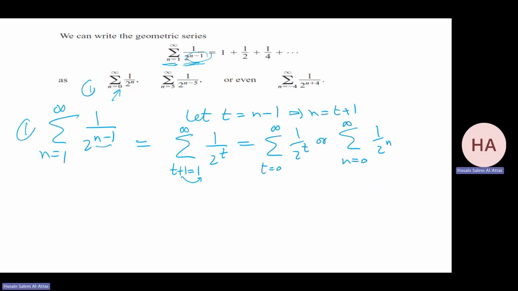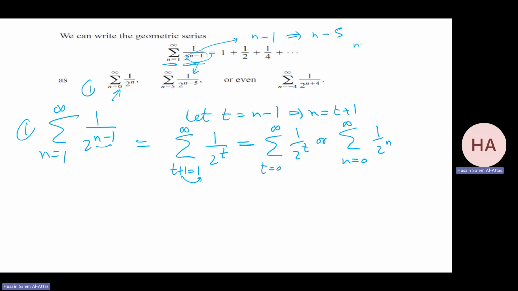Look, I need to go from here to here, not the other way. If I write it t minus 4, sorry, I need to go from here to n minus 5.